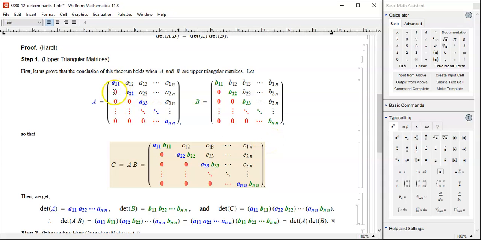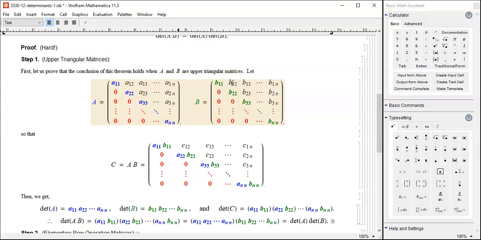Now let's go to second row, first column. So 0 times B11, that disappears. And all these non-zero numbers times all these zeros. So what do you get? We have 0. Next, second row, second column.